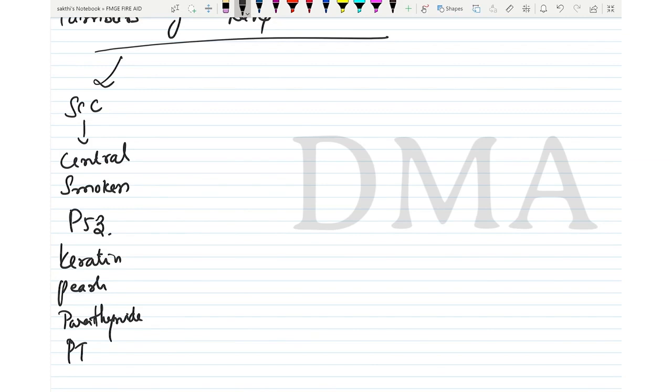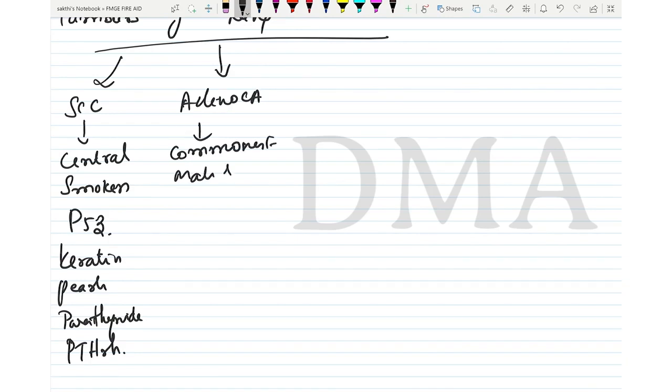Next, one of the important variants of adenocarcinoma is bronchoalveolar carcinoma, which is arising from the type 2 pneumocytes or Clara cells, where the tumor shows a lipidic pattern of growth.